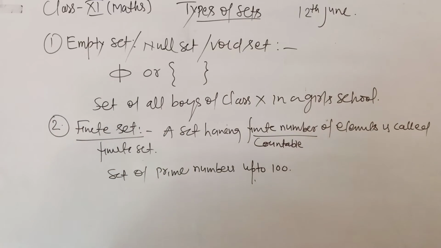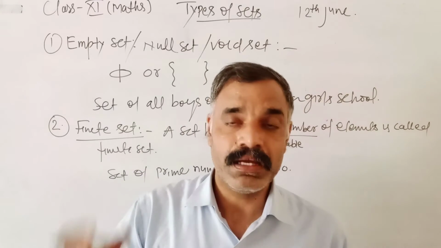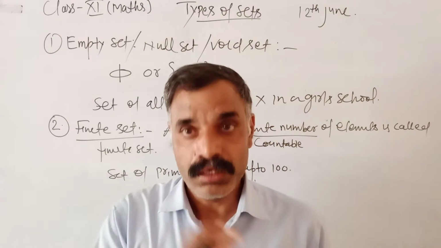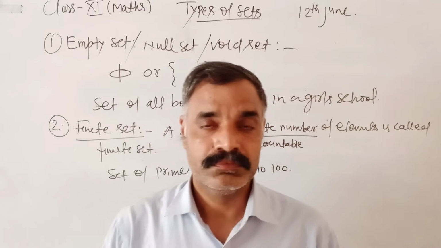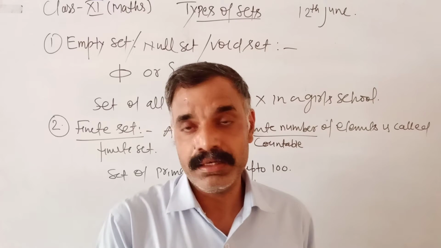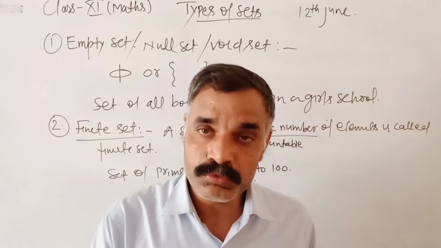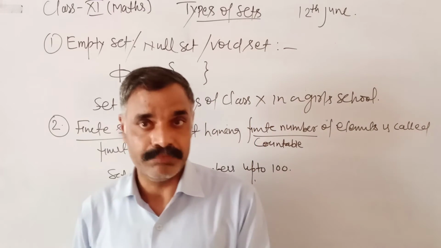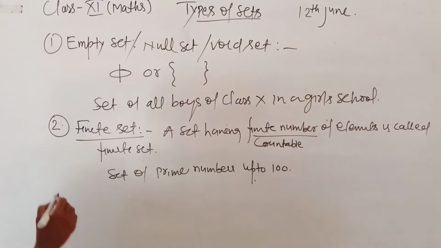This is a finite set, as we know that there are 25 prime numbers up to 100. This is a finite set as there are a finite number of elements, 25 elements, a countable number of elements.